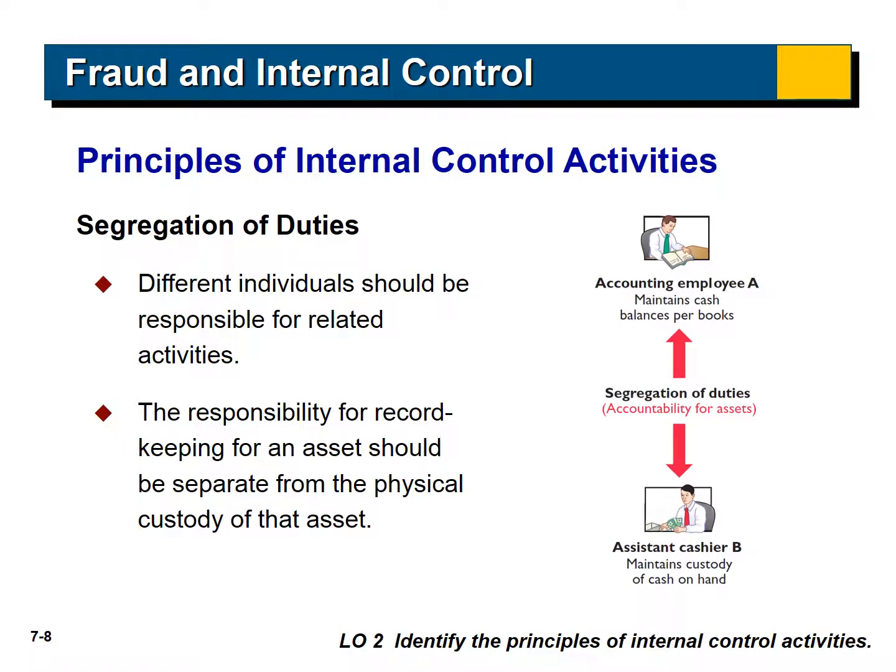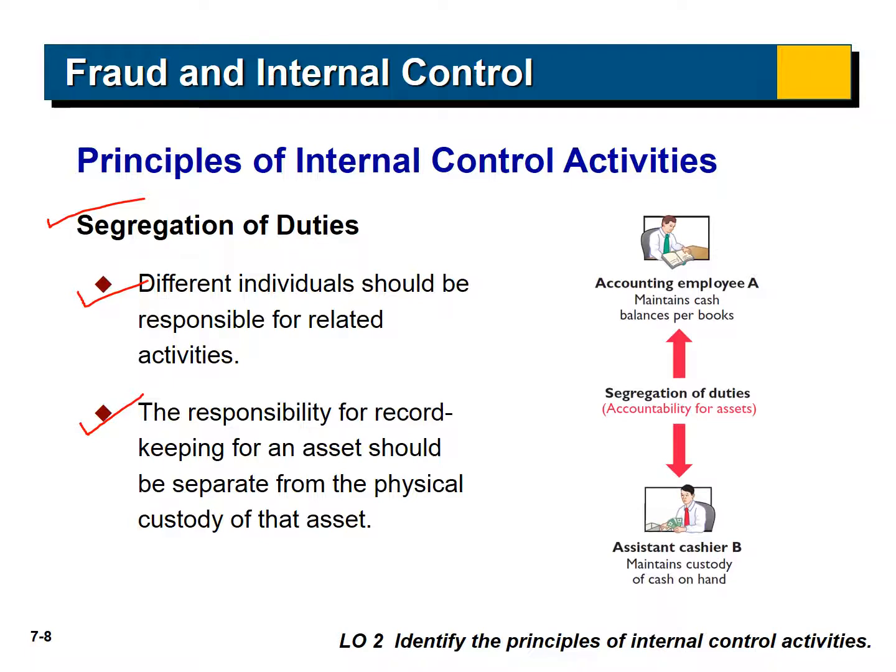Then probably one of the most important aspects of internal control is this idea of segregation of duties. This means that different individuals should be responsible for related activities. And it also means the responsibility for record keeping of an asset should be separate from physical custody of an asset. Whoever has custody over cash is different from who keeps the books.